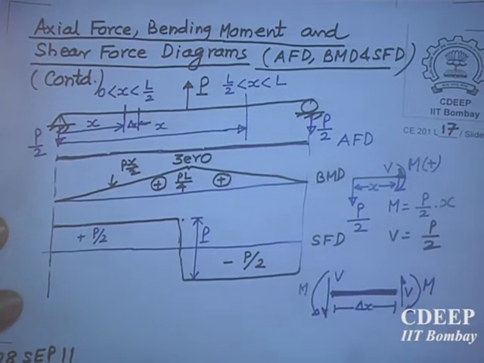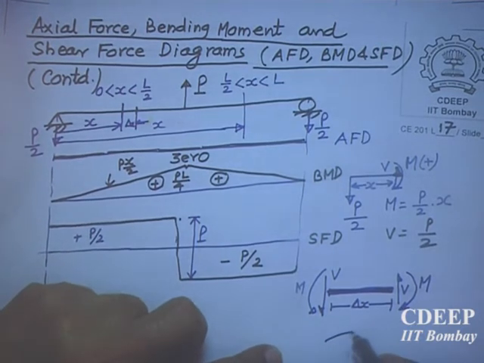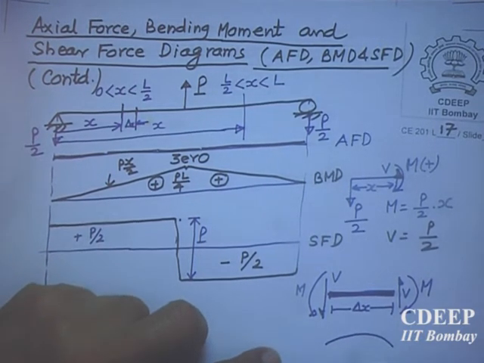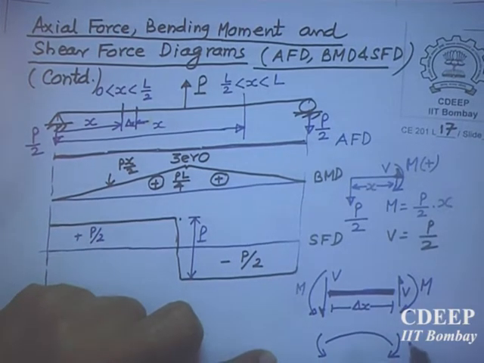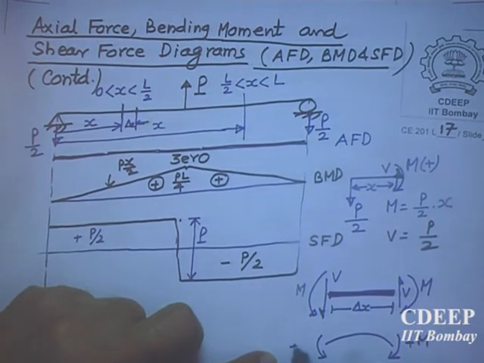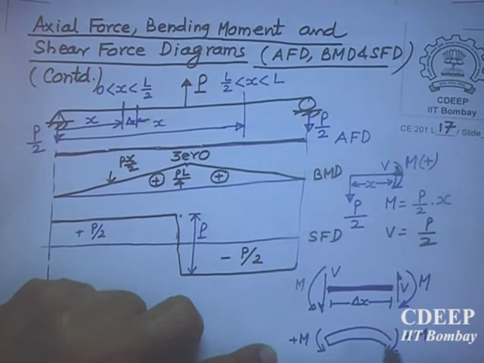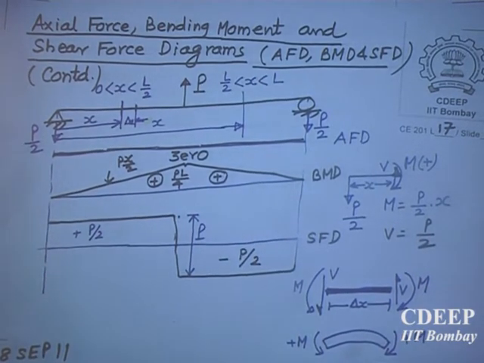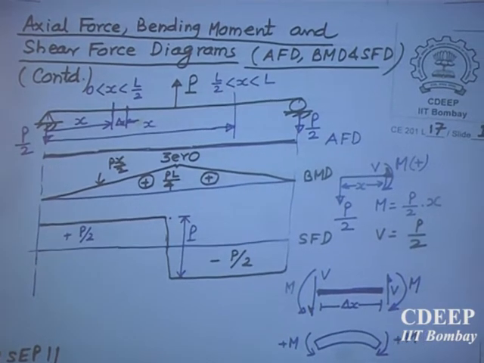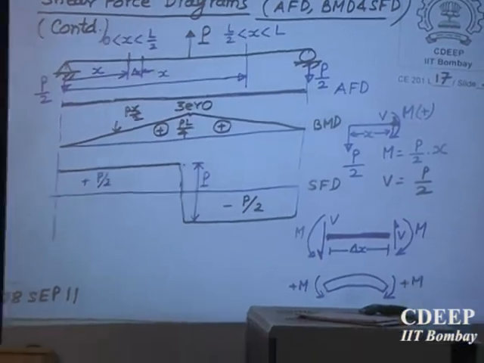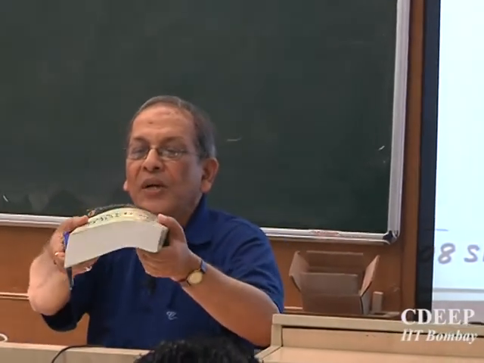Now my positive bending moment makes the beam bend like this. This is my positive bending moment. So if it bends like this and the beam has some depth, and all these are fibers in the beam, what is happening to the fiber?